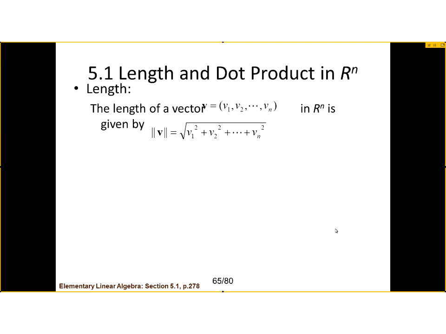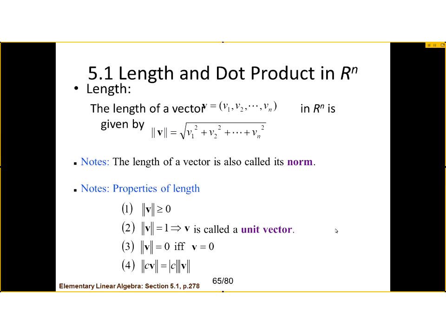The length of the vector is also called the norm. The norm is denoted by double lines, and we calculate it by squaring all the components and adding them. A property of length is that it is always greater than or equal to 0.